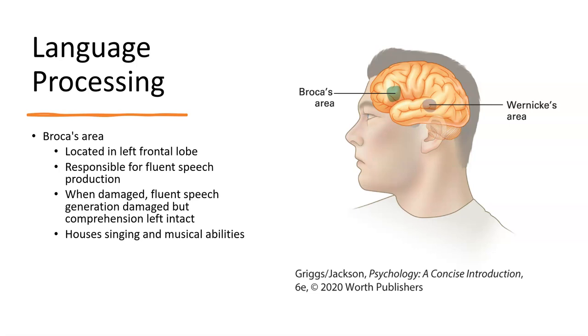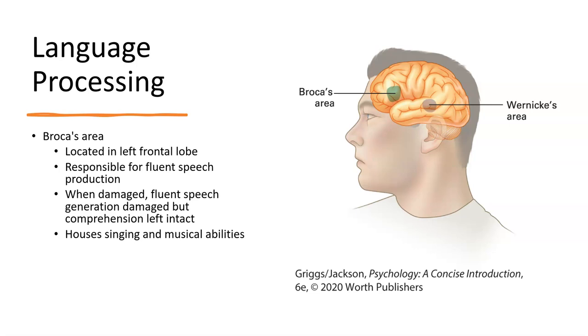That's likely inaccurate, but it's very difficult for us to determine the language abilities of other species because we're so locked into the way we use language and the way we process language and the way language works in the brain. What we know about language processing is that it's a highly integrated process.